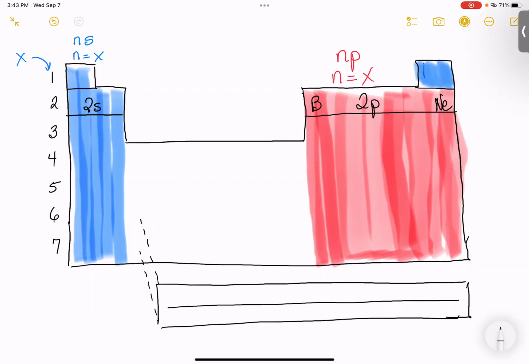Yeah, this is why you got so many blank periodic tables early on. You need to draw it in there.